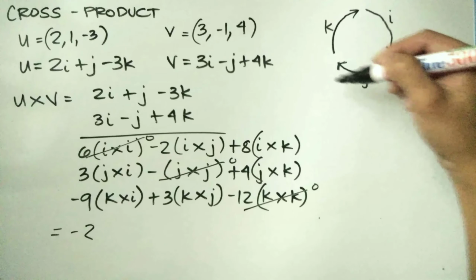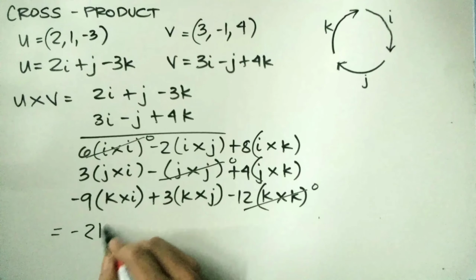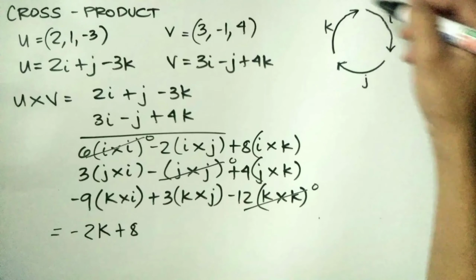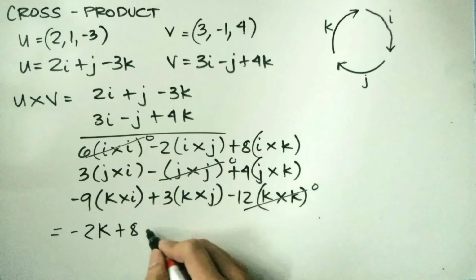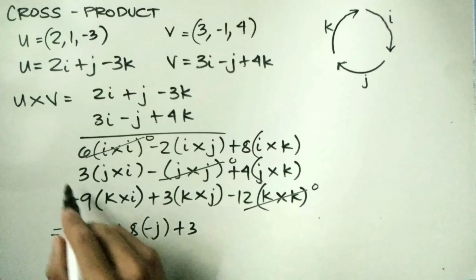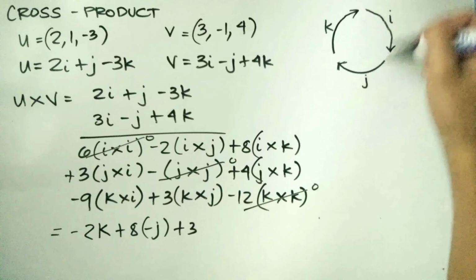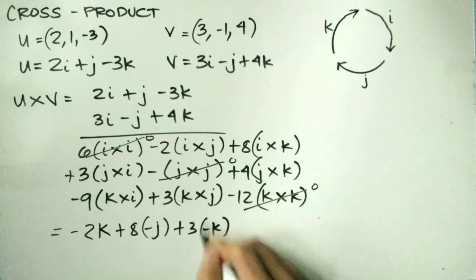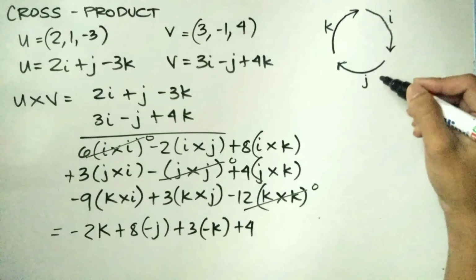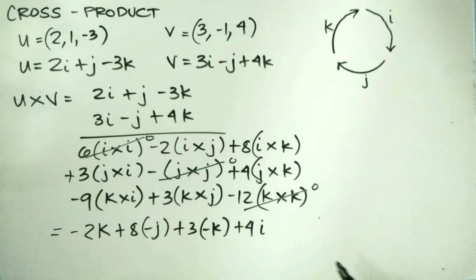So it follows the arrow here, i cross j, so that would be positive k, plus 8 i cross k does not follow the direction of the arrow, so that would be negative j, plus 3 j cross i. It does not follow the direction of the arrow, so that would be negative k. And we have here 4 j cross k is following the direction of the arrow, that would be positive i.